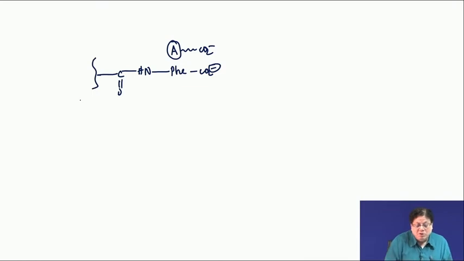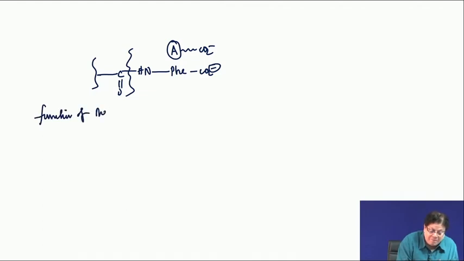So, now carboxypeptidase is hydrolyzing this bond, that we know, and it is a metalloenzyme. So, what is the function of the metal? That is number one, the function of the metal. That is one question.